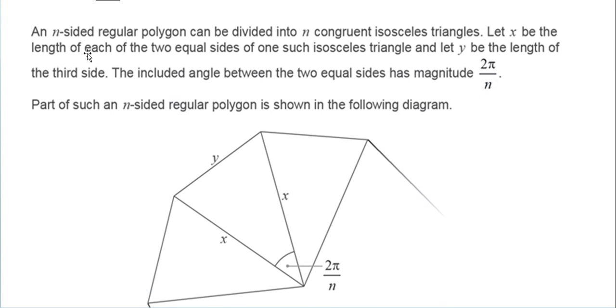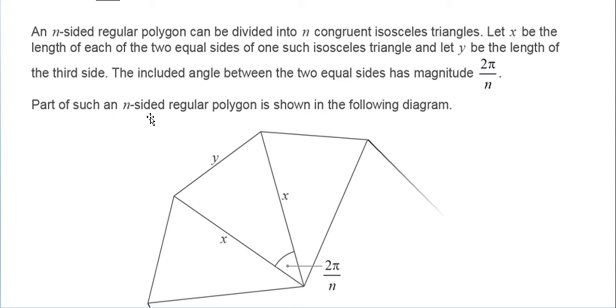An n-sided regular polygon can be divided into n congruent isosceles triangles. Let x be the length of the two equal sides of one such isosceles triangle, and let y be the length of the third side. The included angle between the two equal sides has magnitude 2π over n.